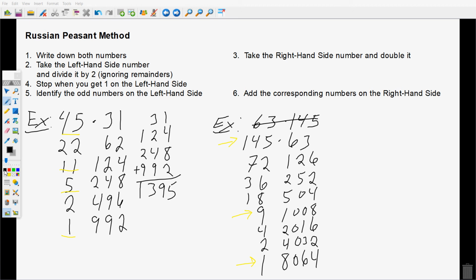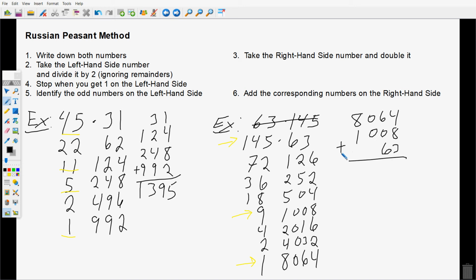So one of the corresponding numbers to an odd is 8064. Another one is 1008. And my last one is 63. And I will need to add those.